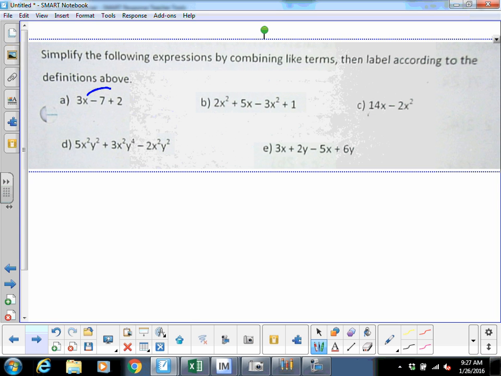So I'm going to combine -7 and +2. What does that give me? -5, and I'm going to leave my 3x there. So I have simplified that as far as I can go, and now I can label it as a binomial. You don't have to write the whole word. You can abbreviate.